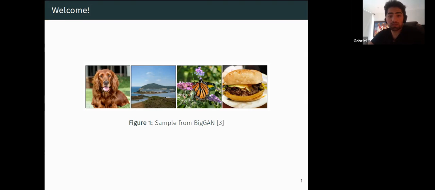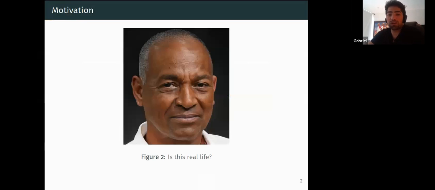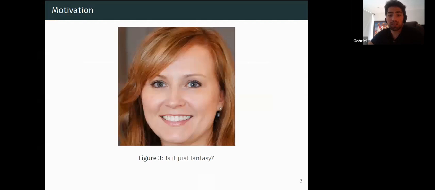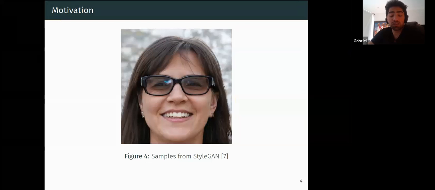I'm going to show you some people, and if this were another setting, I'd ask you if you thought these people look real, but I think you already know the answer. All these people are actually samples from a special kind of GAN, and GAN is the model I'm here to talk to you about.